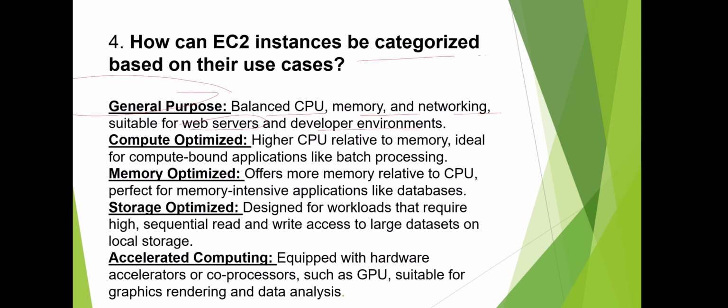Compute optimized: higher CPU, because for different scenarios we use different EC2 types. Higher CPU, relative memory, ideal for compute-bound use cases like batch processing. Memory optimized, where we use it for things like databases. Storage optimized, for analytics, workloads that require high sequential read and write operations on large datasets.